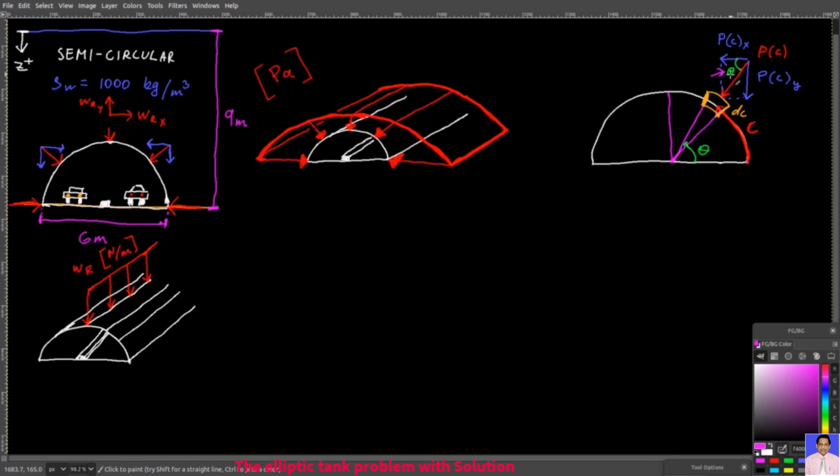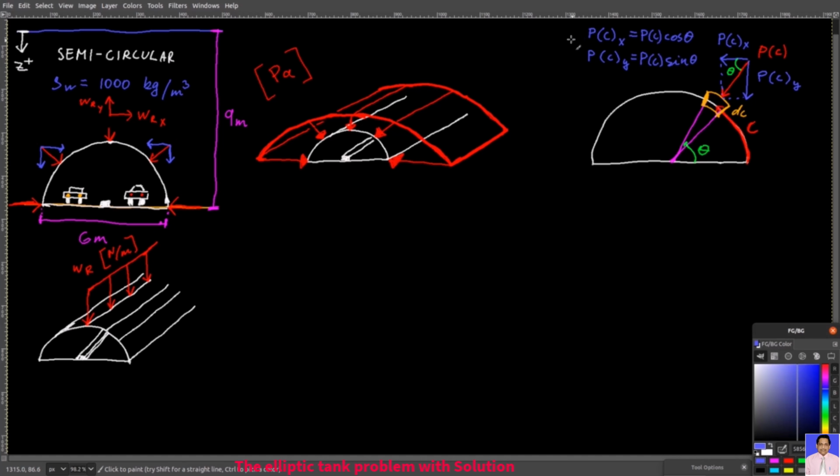So this theta is the same as this theta here. And so we can say that P as a function of C, in X, equals P as a function of C times cosine theta. And then P as a function of C, in Y, equals P as a function of C times sine theta.